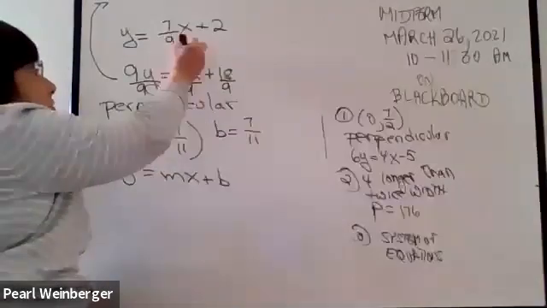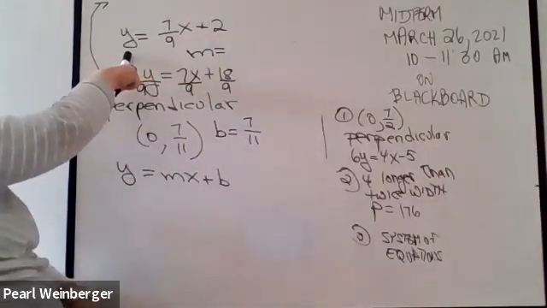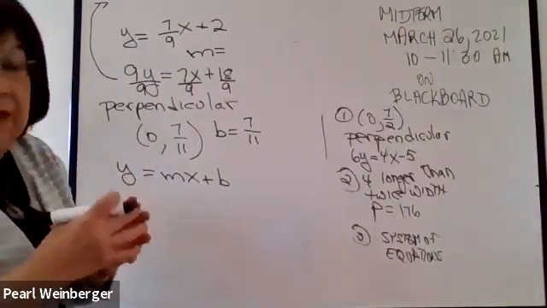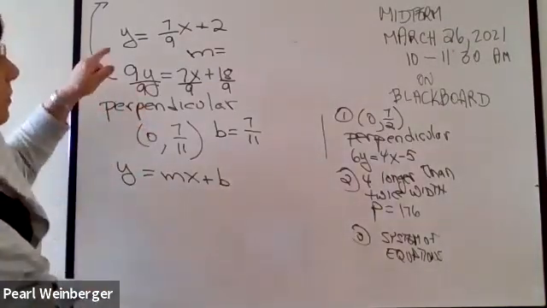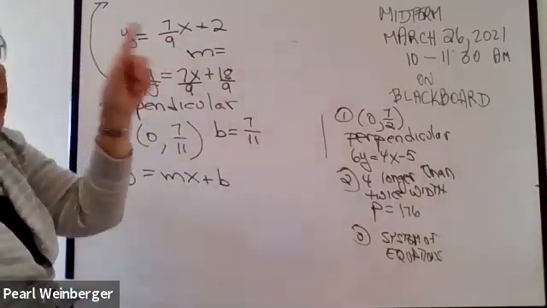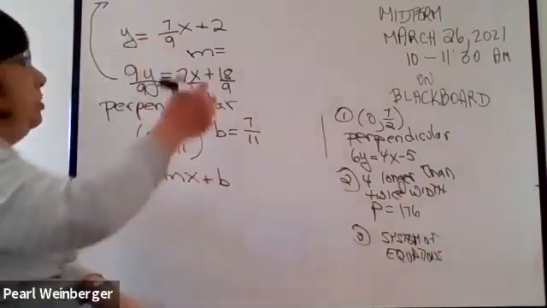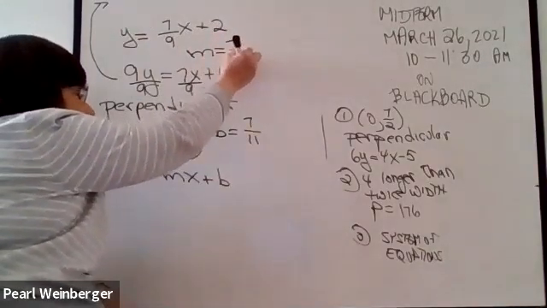The slope is the number in front of the x, the coefficient of x. If it said y equals x, then the slope would be 1. The slope is 7 over 9.